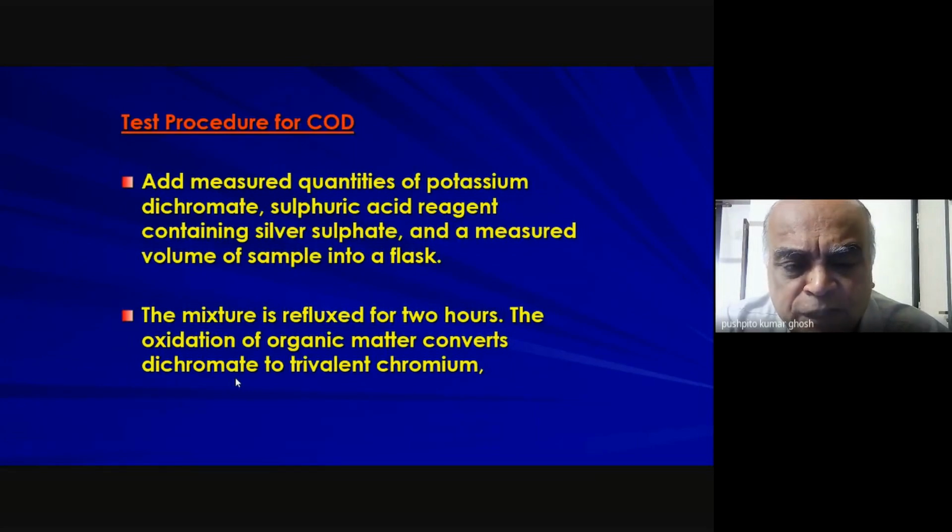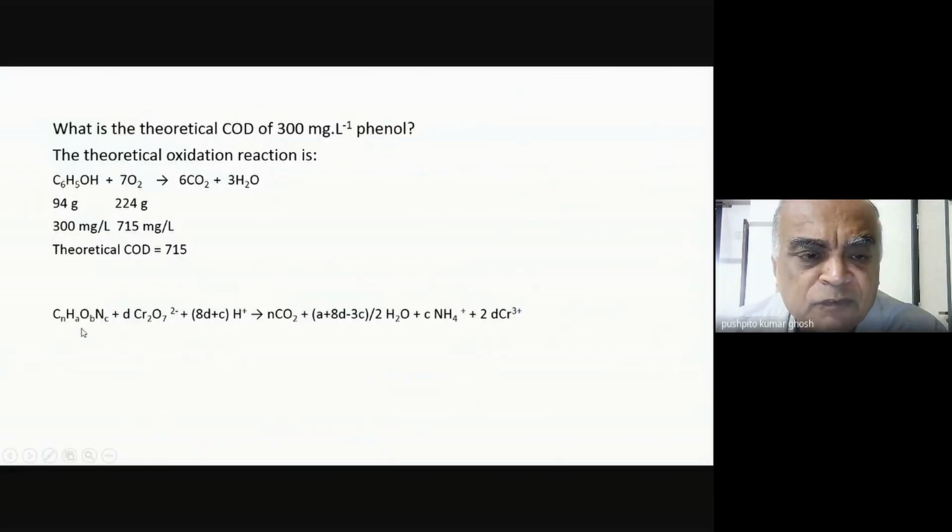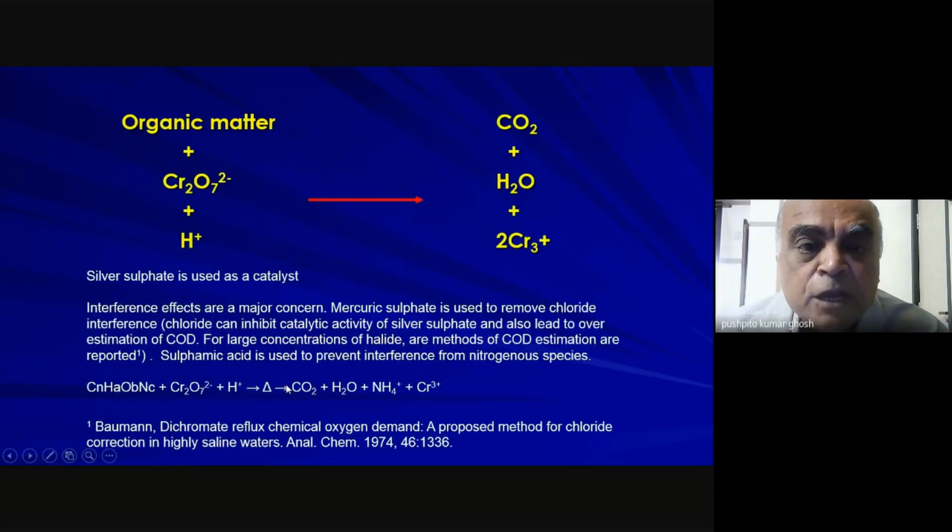So 2 together is 6. And therefore, if I divide the molecular weight of the dichromate by 6, then I'll get the equivalent weight of dichromate. That's what I'll get, and then I'll effectively be able to do the calculations and say what was the BOD or COD from this methodology. So that's what you're doing.